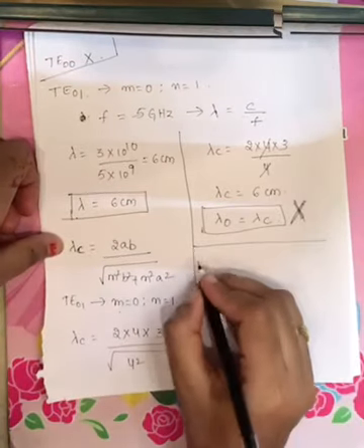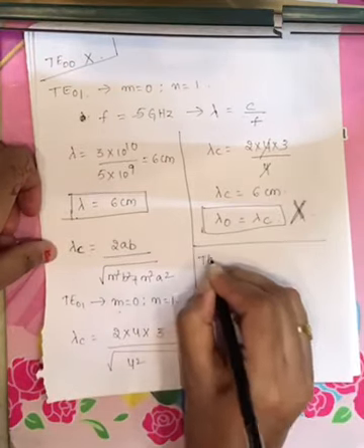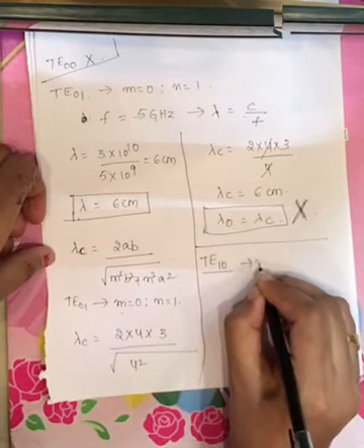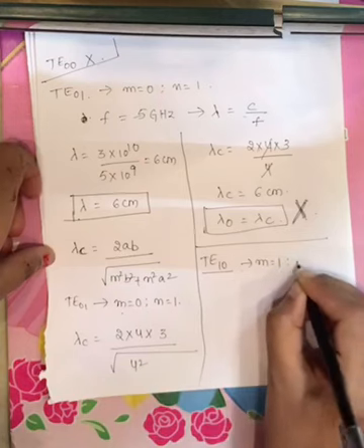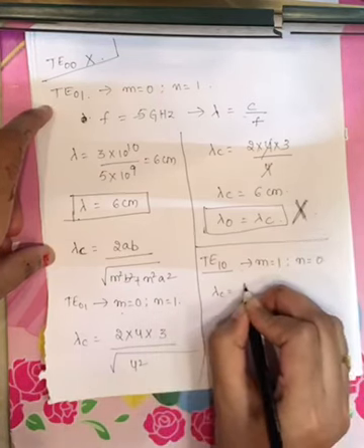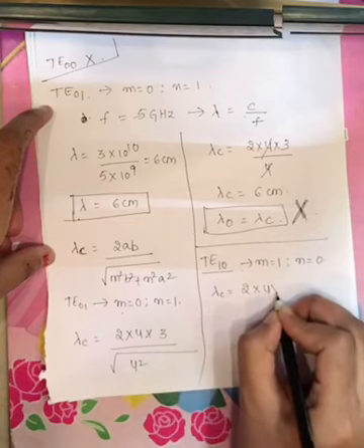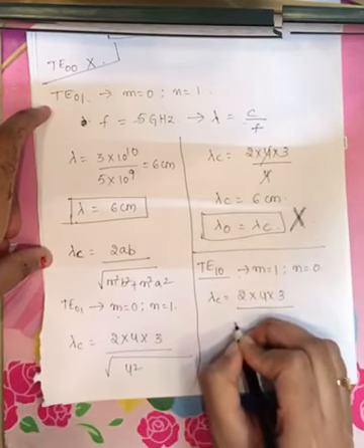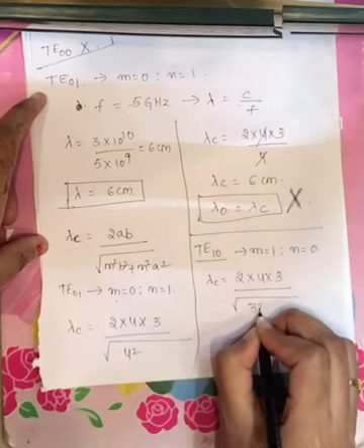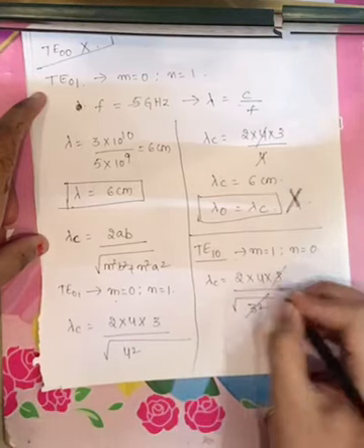Now let me solve another mode. Now consider TE10 mode, right? For this particular mode, m equals 1 and n equals 0. Now calculate lambda c, that is 2AB, under root of m square b square. Now the b value is 3 square, right? Now this will get cancelled.